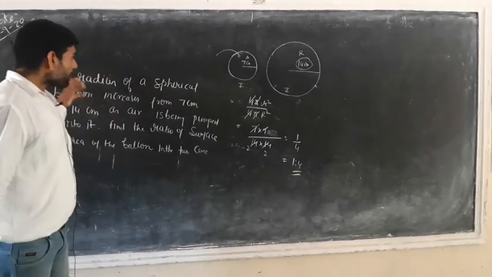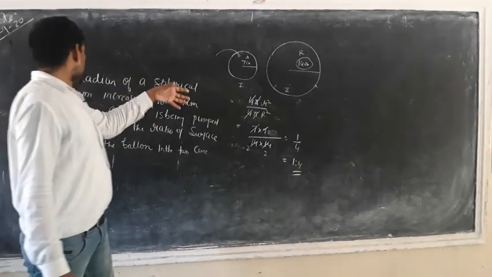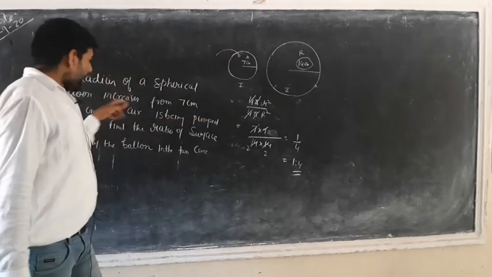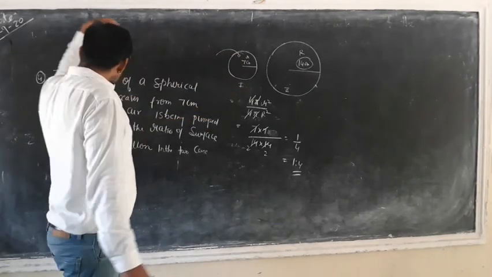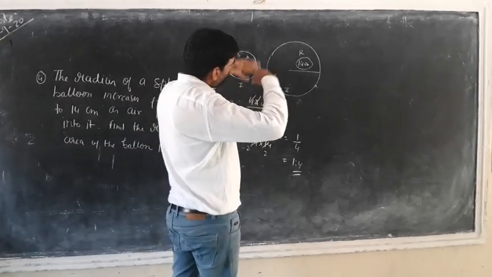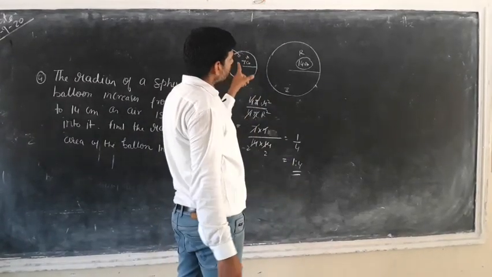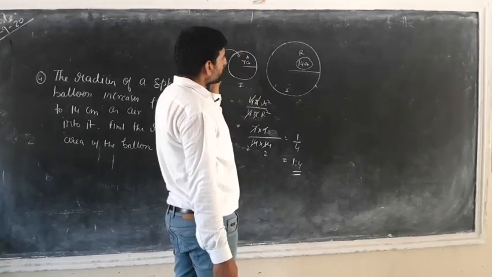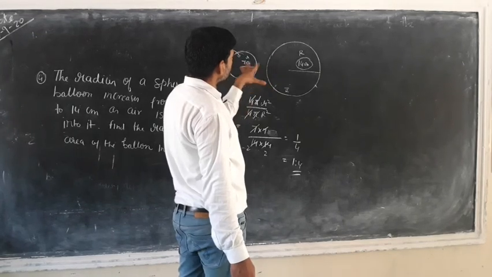Look again. The radius of the spherical balloon increases from 7 to 14 as air is being pumped into it. Therefore the balloon increases, and the radius increases from 7 to 14 centimeter. Find the ratio of curved surface area in the two cases.